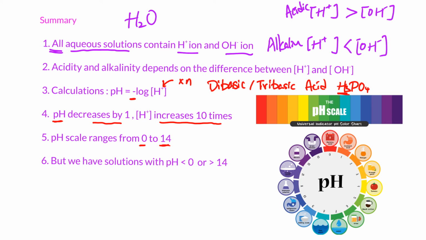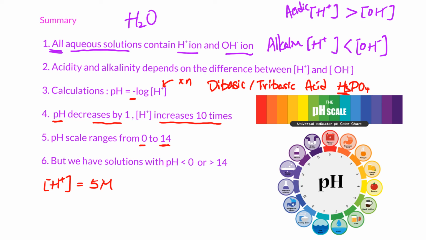Forgot one thing I have to remind you. Remember, actually we do have acids with pH lower than 0. It's not difficult to check. If I have an H plus concentration equal to, for example, 5 M, you can calculate the pH of it.